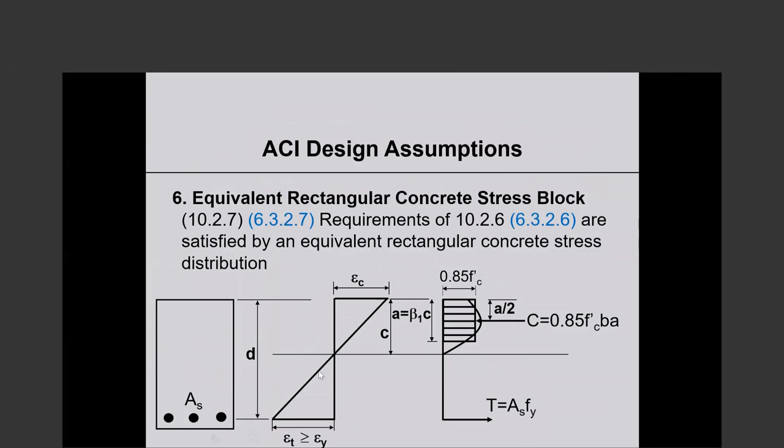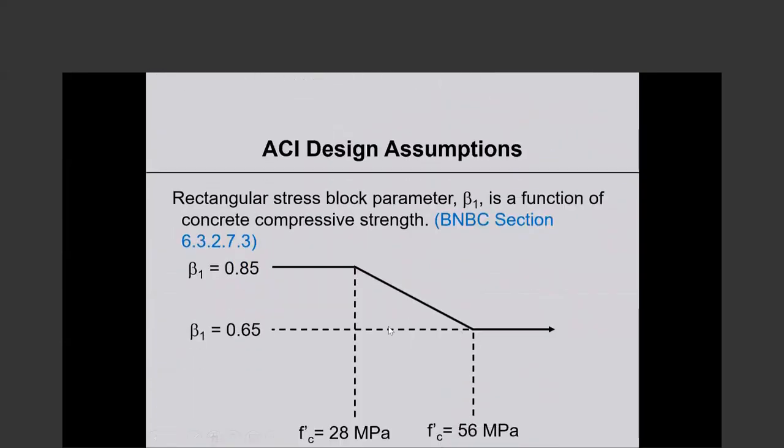So the beta sub 1: remember, the stress block depth is the neutral axis depth multiplied by beta sub 1. Beta sub 1 is 0.85 up to a concrete strength of 4,000 psi.